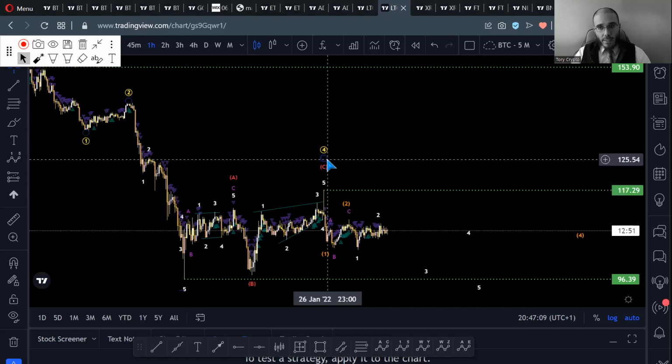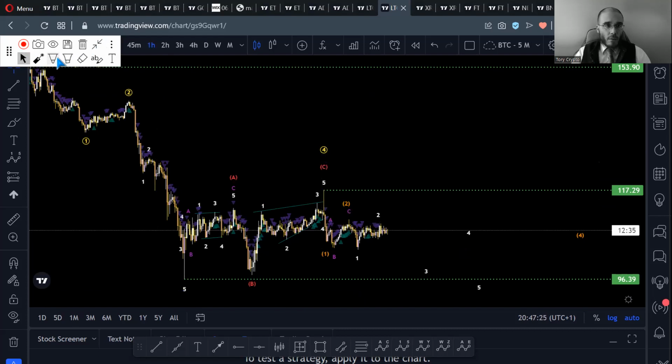Wave 4, the move is coming to an end, and once it comes to an end, price should rebound quite fast. So you probably won't get the top of wave 4, since that happened at 117.29, so you won't get that.